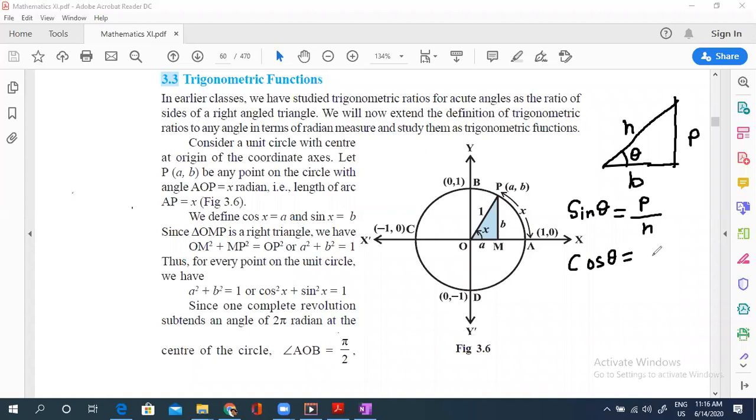In the same way, cos theta is base by hypotenuse, and tan theta is perpendicular by base. So these 3 are the basic trigonometric functions. There are 3 other functions which are just reciprocals of these three, which is why we say we have only three basic functions.